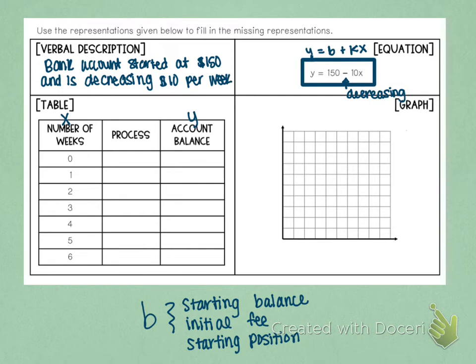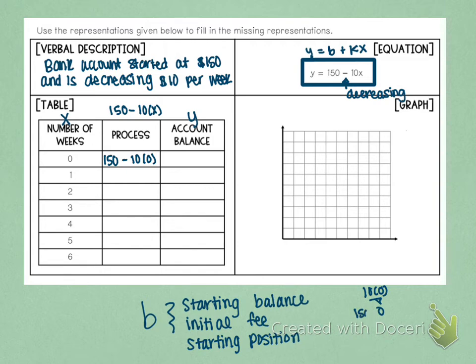Okay, so then it says, what is your process? Our process is 150 minus 10 times x. So here we have 150 and, okay, minus 10. And in this case, nothing's happened at 0 weeks. So we multiply 10 times 0, which is 0.